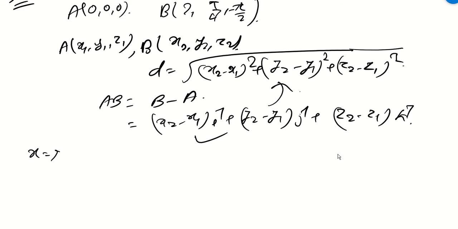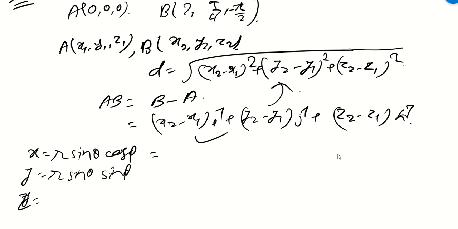So x is r sin theta cos phi. You write all the formulas immediately, because this saves a lot of time for you to solve questions in GATE. So y is r sin theta sin phi and z equals r cos theta, because each and every time you would otherwise have to think about the formulas.